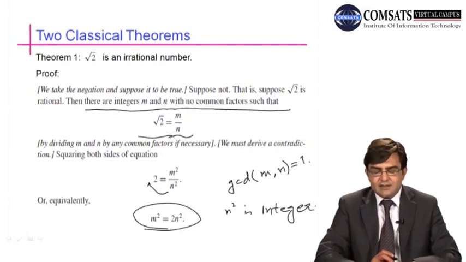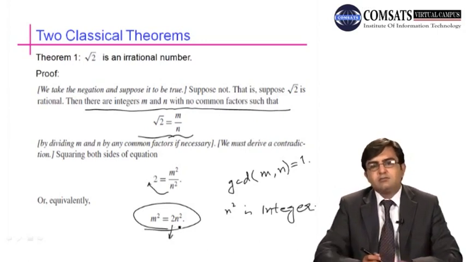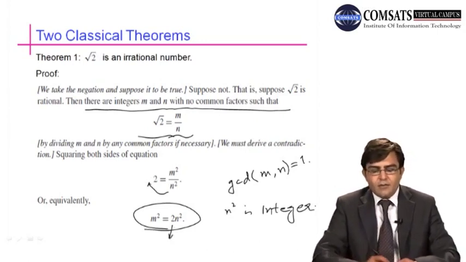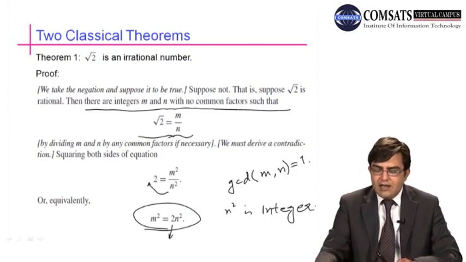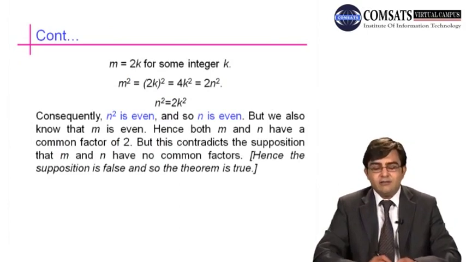If n square is an integer, then m square can be written as 2 into some integer. What does it mean? It means that m square is even. If m square is even, then m is also even, as we have proved in the previous theorem.